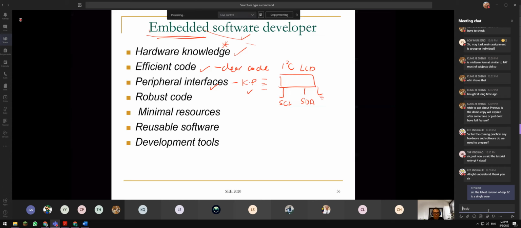The code that you design has to be robust. Robust means that the code can handle different situations with minimum error.